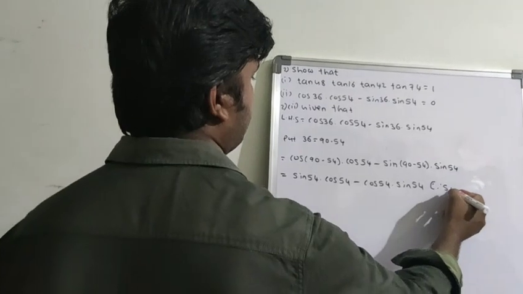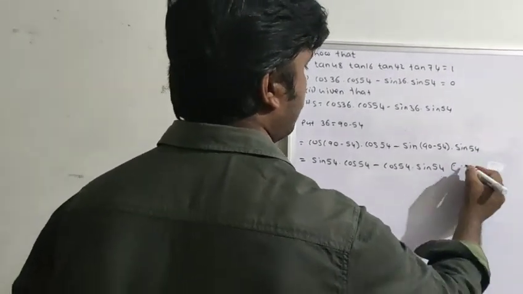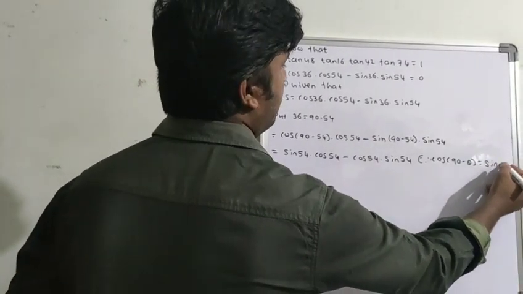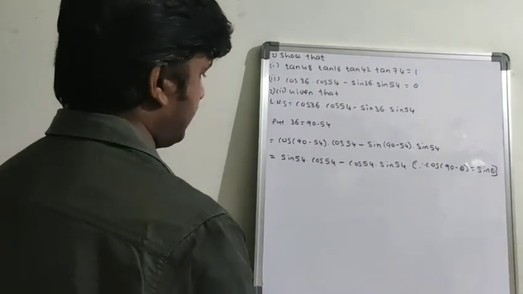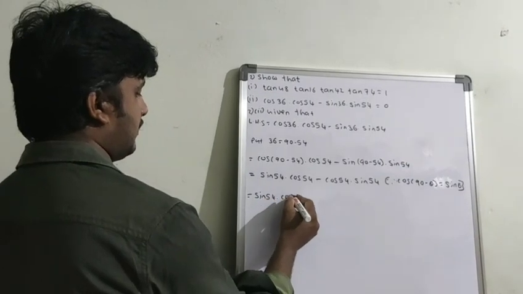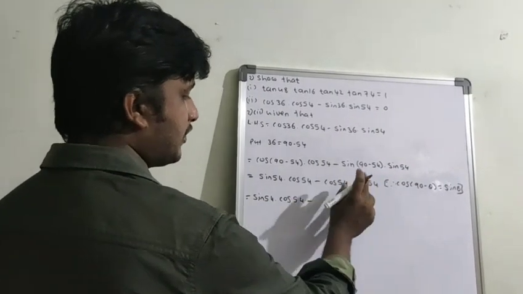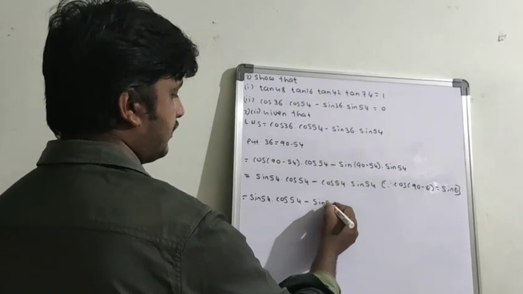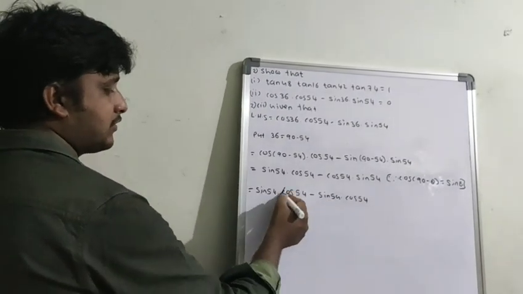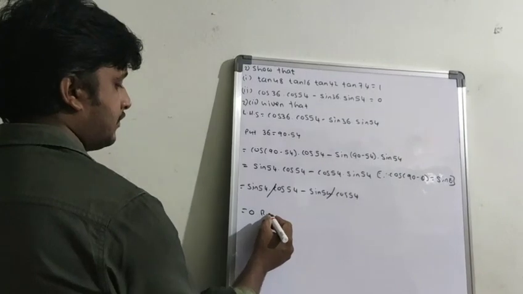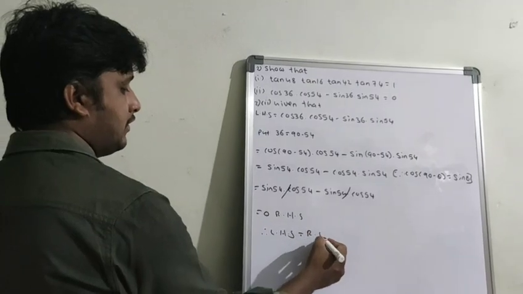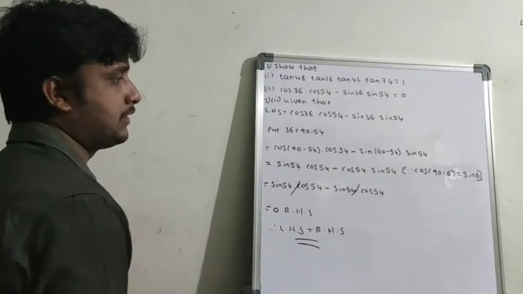Since here you have to write cos 90 minus theta equal to sin theta. So sin 54 into cos 54, and again cos 54 into sin 54 by using the commutative property of multiplication. These two are the same terms, these two get cancelled, you will get 0. So right hand side, therefore left hand side is equal to right hand side, that's it.